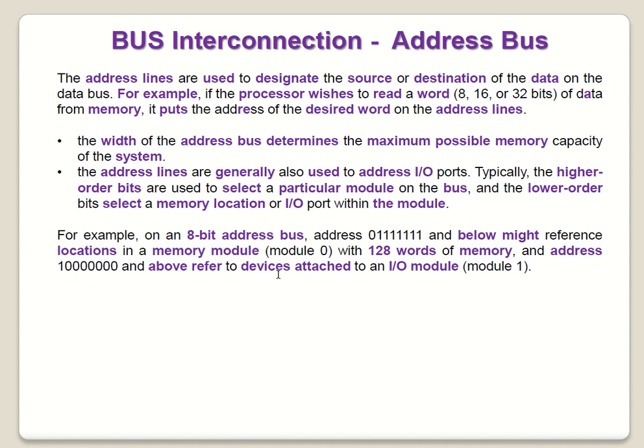So from the address you can identify the higher order bits and the lower order bits. The higher order bits refer to the particular module on the bus. The lower order bits select a memory location or an I/O port within that module.